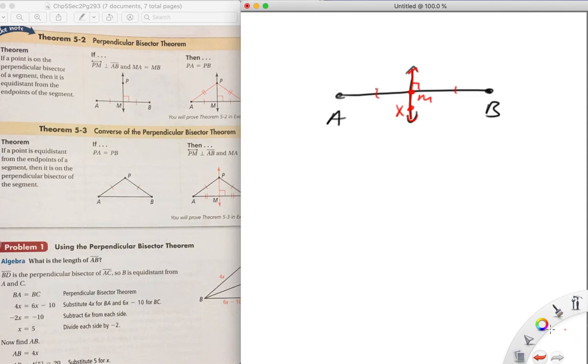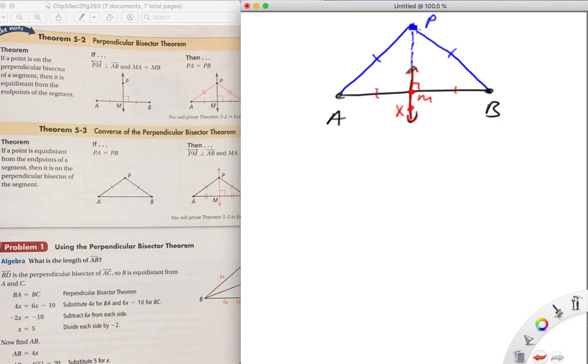Okay. If I have some point out in outer space, just some random point, we'll call it point P, and I know that point P to A and point P to B are the same, then the perpendicular bisector converse says that this point P has to be on the perpendicular bisector, on the line that's cutting it in half.